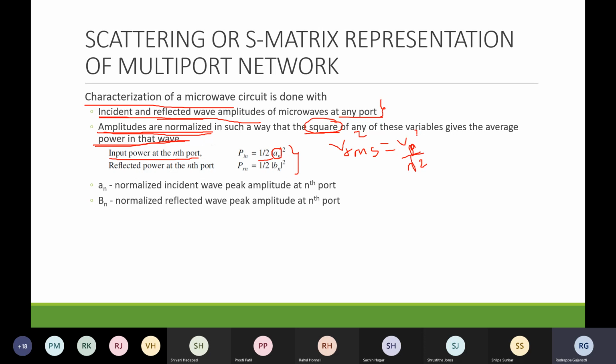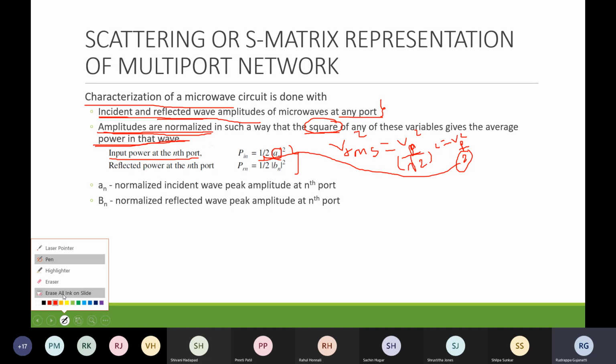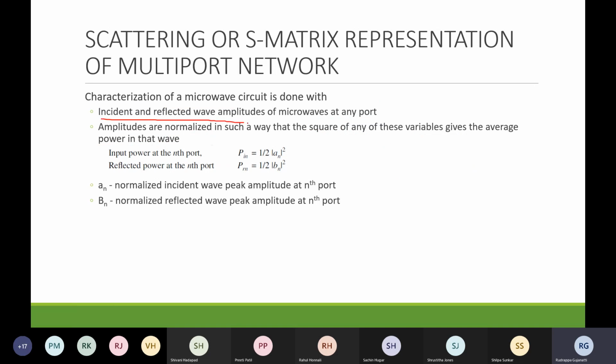So it turns out to be V peak squared divided by 2. It is because of this that we get the half over here. As I specified, these incident and reflected wave amplitudes are related to the voltage or the current parameters, so that is why we have the half.